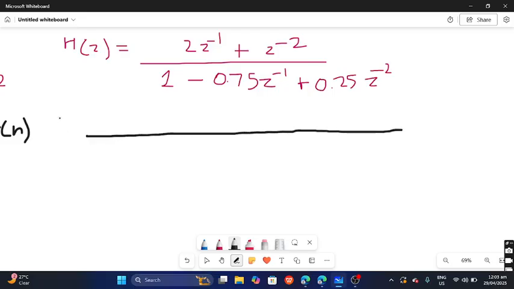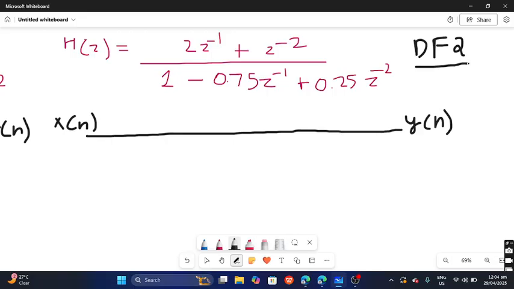Draw a straight line first. It is your input x of n, and your output is y of n. Now in DF2 I must mention here that it is the direct form 2 structure.